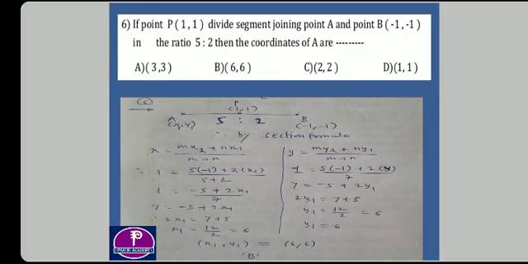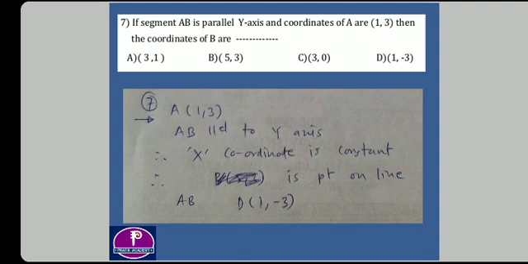So option B. Next, if segment AB is parallel to the y-axis and the coordinates of A are (1, 3), find the coordinates of point B. As the line is parallel to the y-axis, its x coordinate always remains constant. So take the given options and find out in which option the x coordinate is remaining constant.